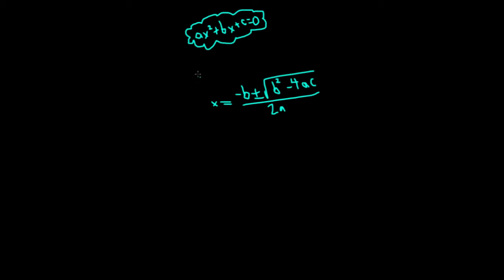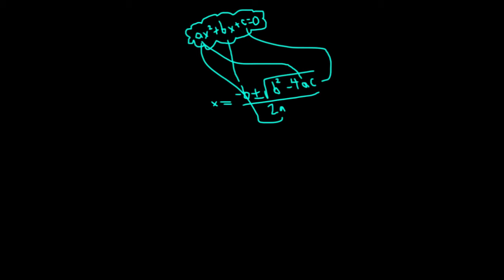So here is an example of an equation that you may see that you can actually solve with the quadratic formula. So you just plug in these variables, obviously, and take a to a, b to b, and c to c.